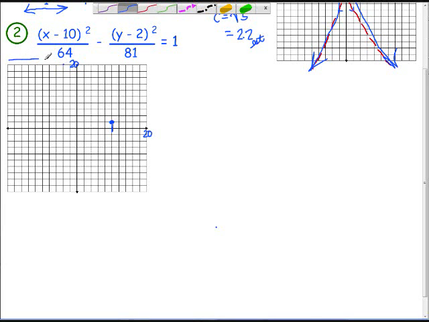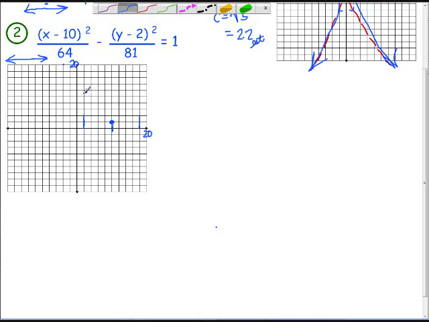Again, I have a horizontal transverse axis. 64 is 8 squared, so it's 8 away, so 2, 4, 6, 8, and 2, 4, 6, 8 in the opposite direction. And to form my box for asymptotes, I take the square root of this, which is 9. So it's 2, 4, 6, 8, 9.